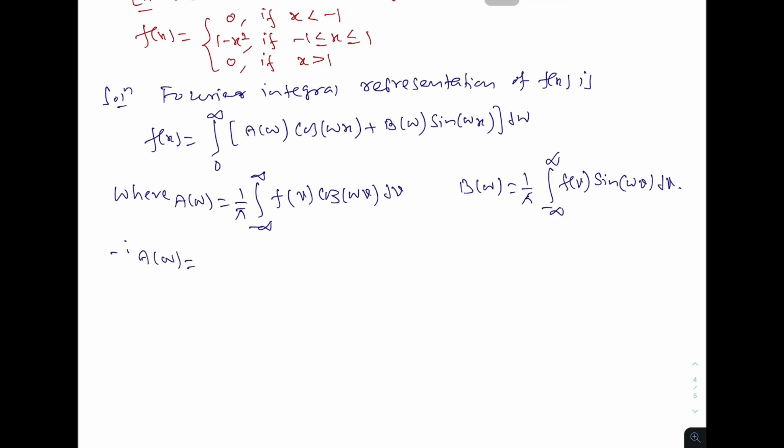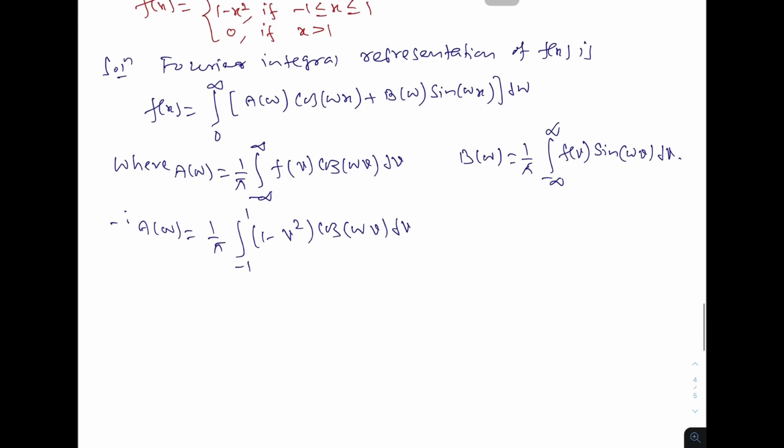So therefore a omega equal to 1 over pi. Now see that f(x) is defined in minus 1 to 1 only, rest of the place is 0. So this is only in minus 1 to 1, 1 minus x square. So we write minus 1 to 1, 1 minus v square cosine omega v dv.